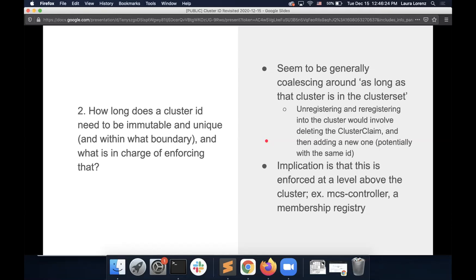That was the question I wanted to ask: do we see cluster claims as intrinsic to a cluster, or intrinsic to a cluster set, or some of both? Yeah, I think some of both, right? The cluster ID is intrinsic to a cluster. In a perfect world, we could have really nice human readable cluster IDs that get created at the birth of the cluster and live as long as the cluster does.